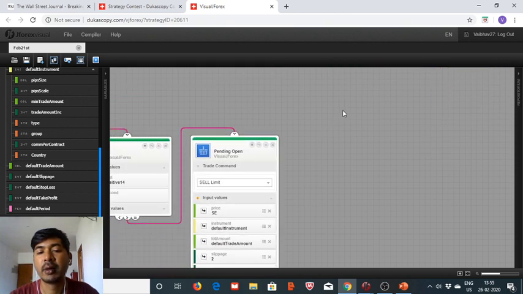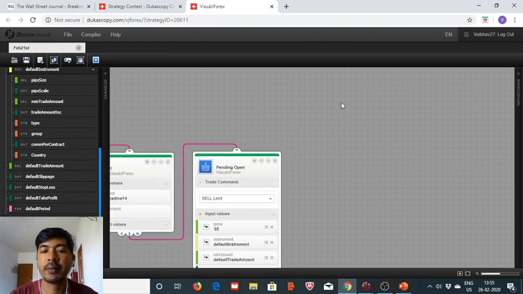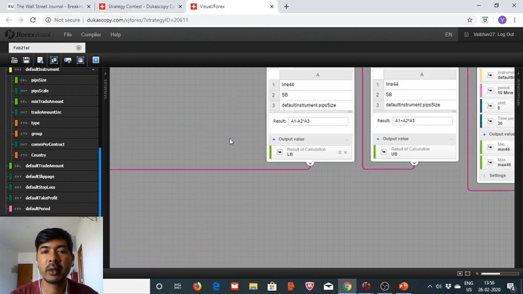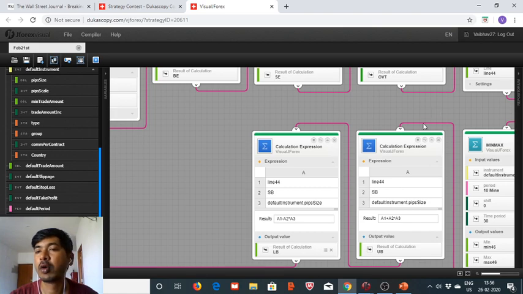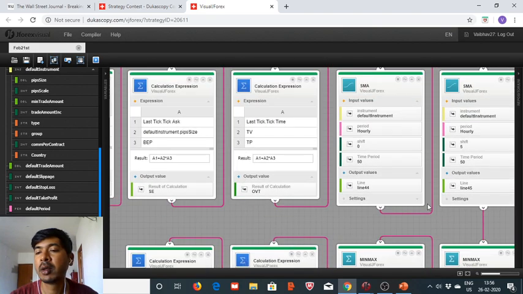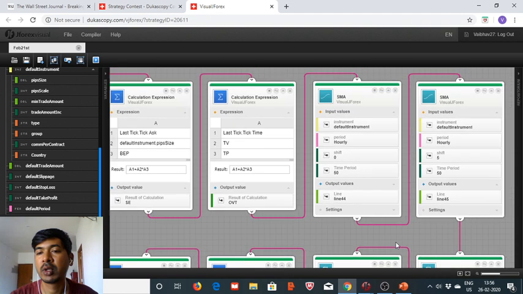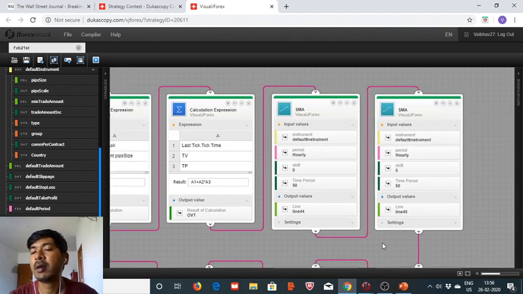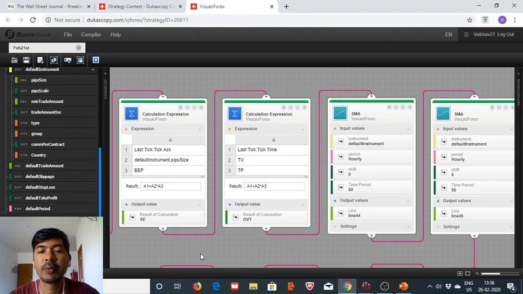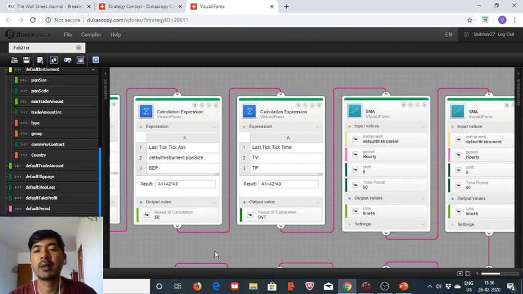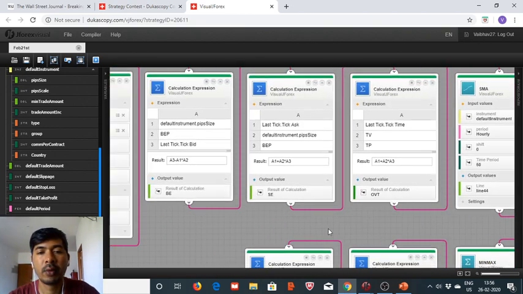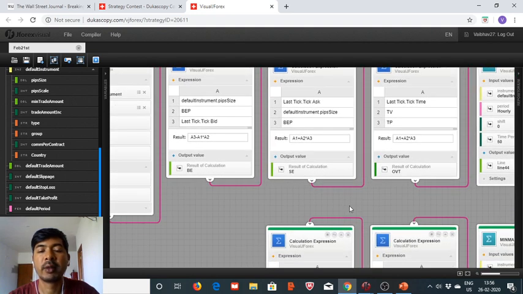And as here you can notice that we are looking at a scenario where we are going to place the pending order. That means, suppose if we are going in for a buy trade, then we will be placing the order below 5 pips of the last tick value, and if we are going for a sell trade, we are going to place the order 5 pips above the current value.